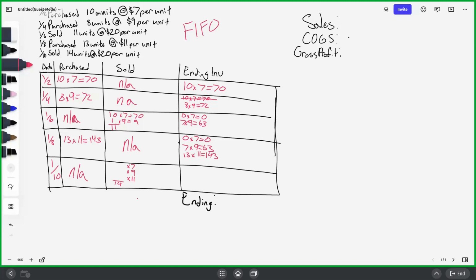No, we have nothing for $7. How about $9? How many units are we pulling for $9? All of it, 7. How about for $11? Then we come over here, we have no more $7s, no more $9s, and we have 6 $11s.